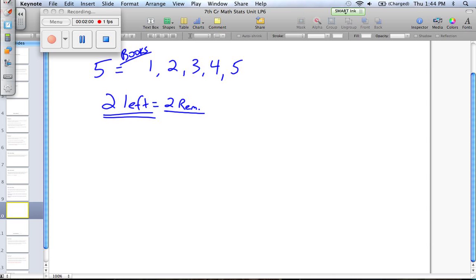So, in order to solve this combination problem, we're going to make a list of the possible combinations of books that Mrs. Johnston can put onto the reading list. So let's start with the first book, book number 1. Book number 1 can be paired with 2, 3, 4, or 5.